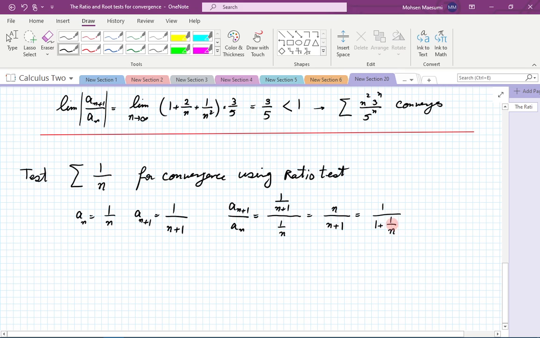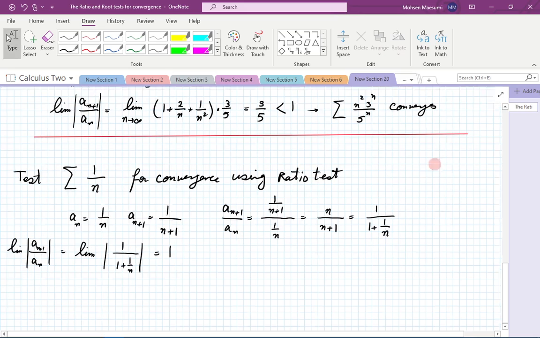Well, what's the limit of that? The limit of 1 over 1 plus 1 over n, that's the limit of a_(n+1) over a_n. Well, when n goes to infinity, 1 over n goes to 0, and this becomes 1.